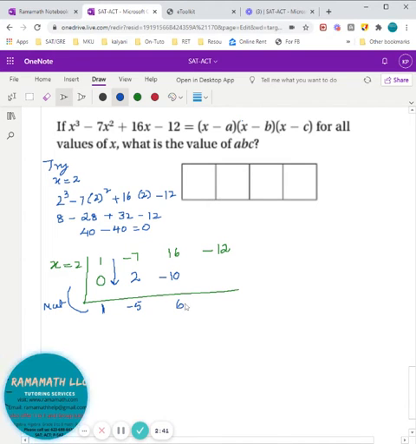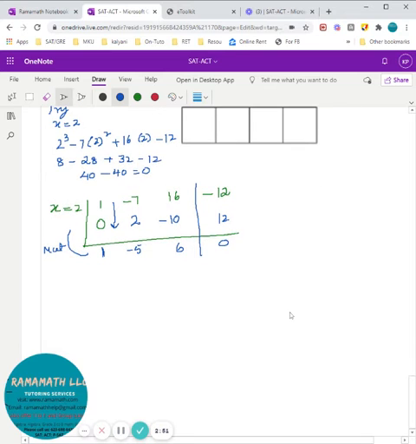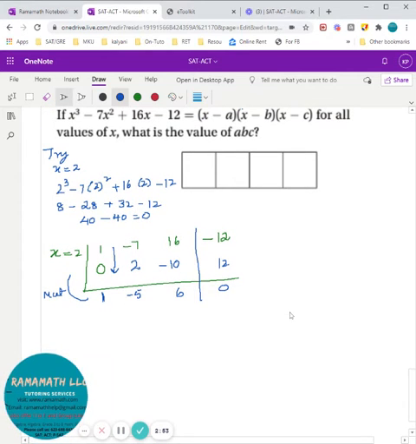And I multiply these two. That's positive 12. See, you end up with a 0. So that's how it happens when you get a factor correctly. Okay? So once you have that piece completed, this is like a quadratic equation. So this is going to be x squared minus 5x plus 6.